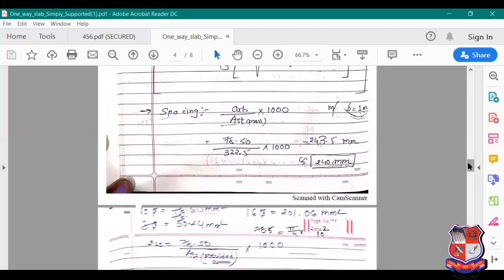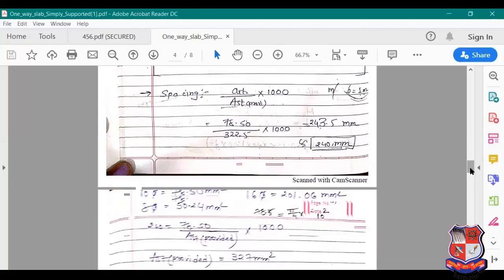If your spacing is too wide between two bars, then the chances of deflection will be more. So you need to clarify the perfect spacing for your design.